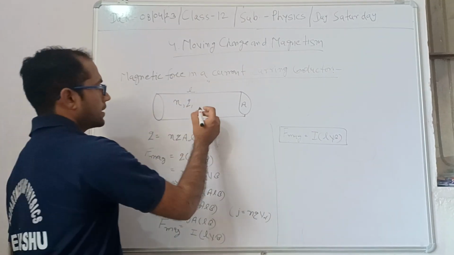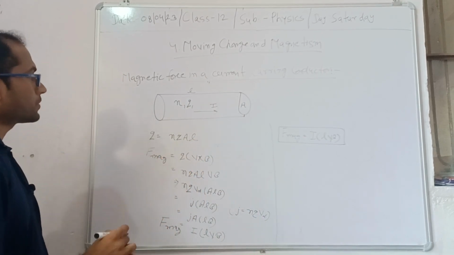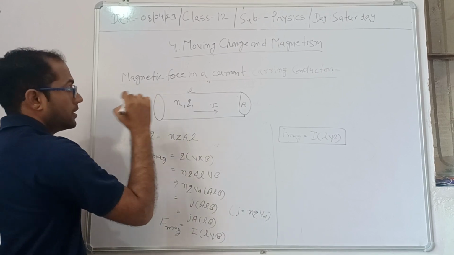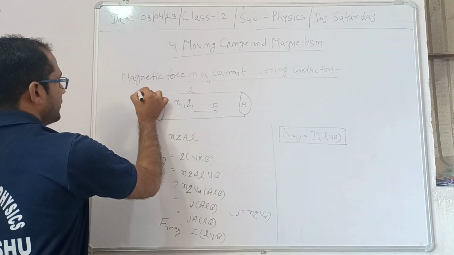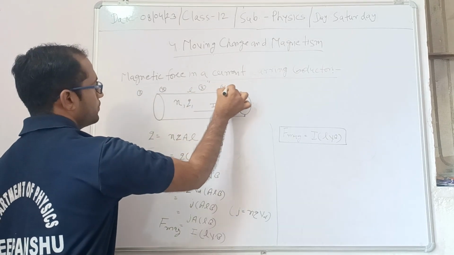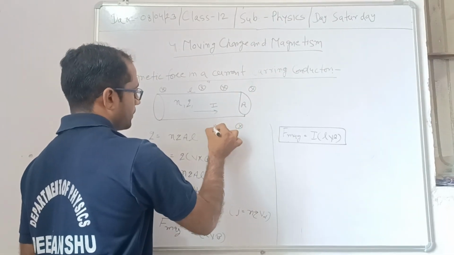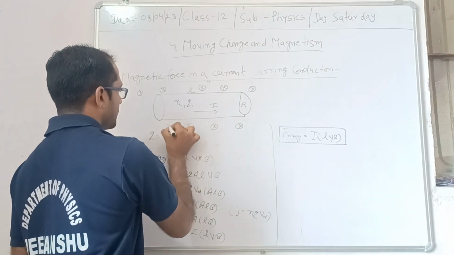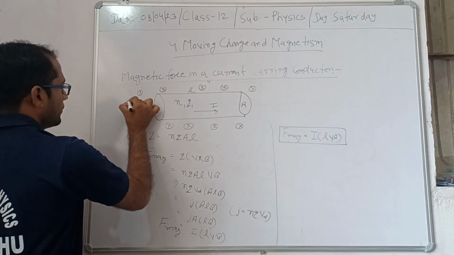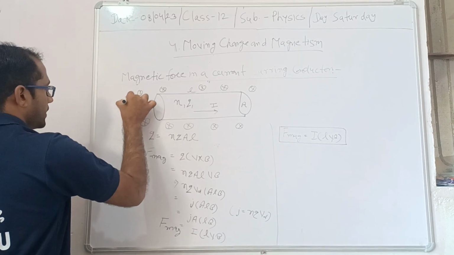The current I flows in this conductor, and if we assume the magnetic field is downward, we denote it with the cross sign.